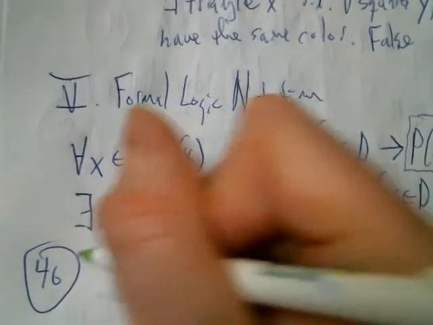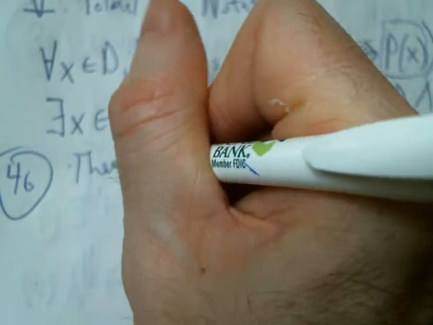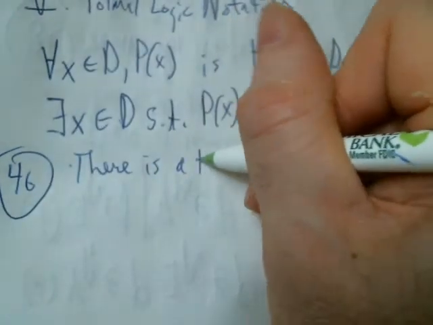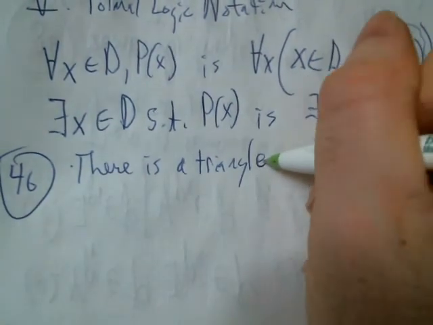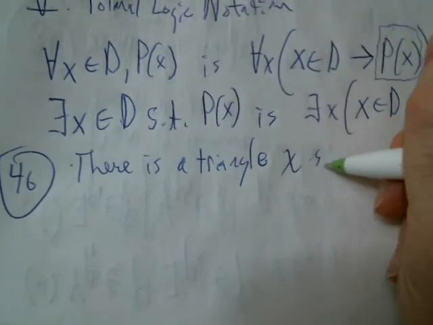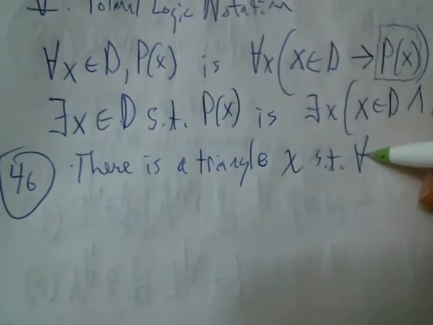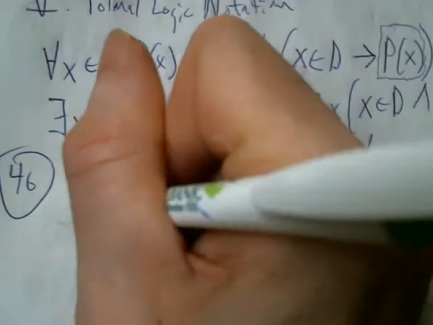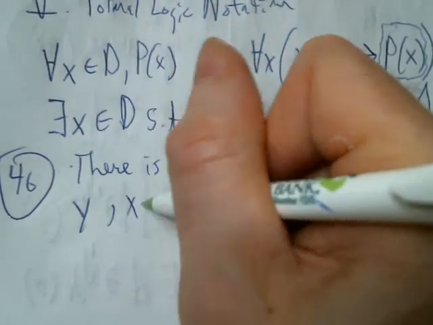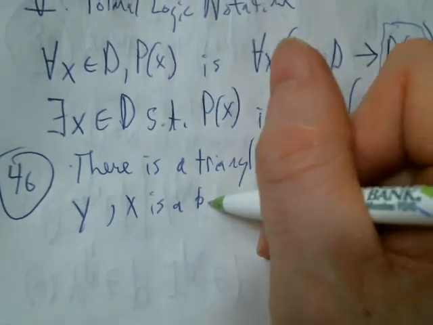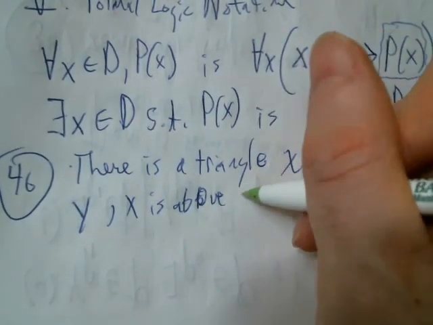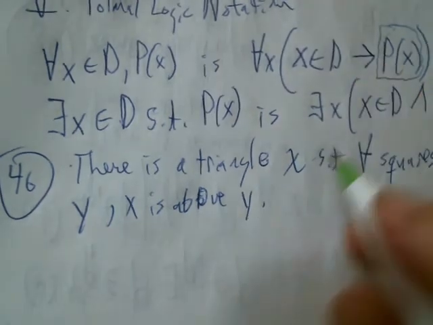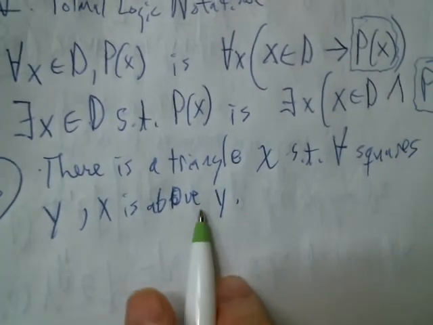This is 46, and these are all Tarski type problems. There is a triangle x such that for all squares y, x is above y. And for the predicate, they're going to have little functions.